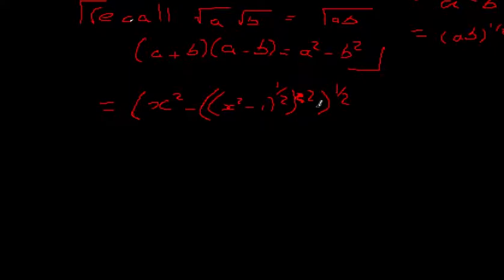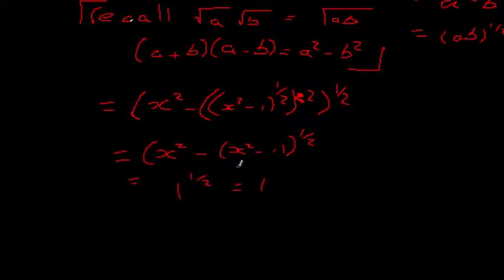Well, x squared minus 1 to the half squared, these cancel each other out. So this is just minus x squared minus 1. So this is x squared minus x squared minus 1, all to the half. But this is just 1 to the half, which is 1.